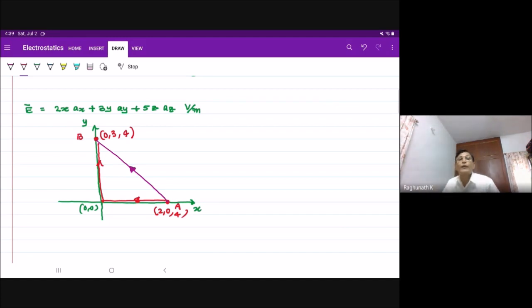On this z is equal to 4 plane, this is path 1. This is path 2, which consists of 2 straight line paths. I want to calculate VBA. To calculate VBA, please remember now, concentrate.